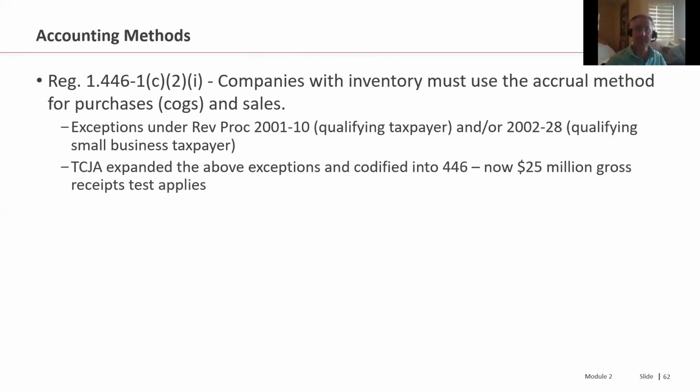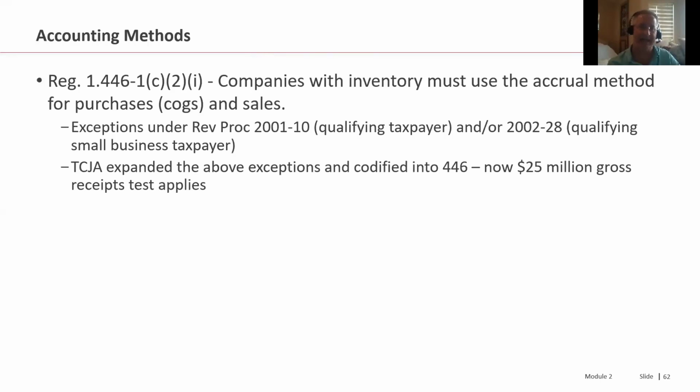Okay, so companies with inventory must use the accrual method, right? So the rules say that if you keep inventory, you have to use purchases, cost of goods sold, you have to take year-end inventory, this sort of thing. And there used to be a couple of exceptions under a revenue procedure that were built for small businesses.